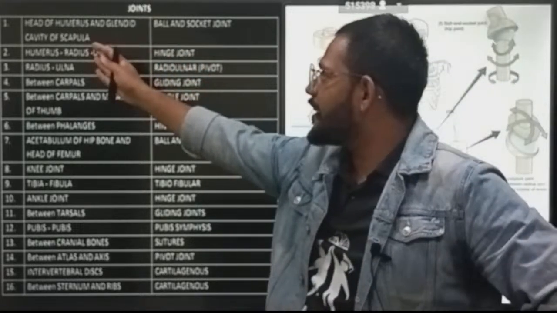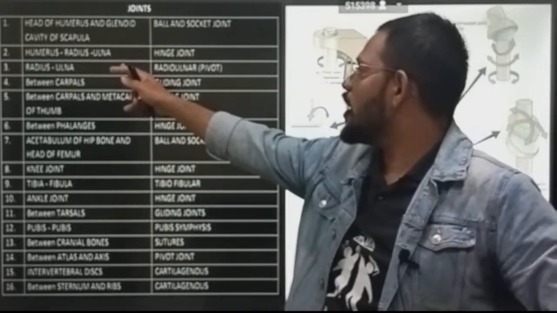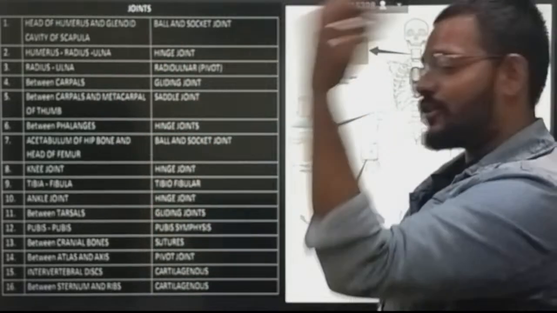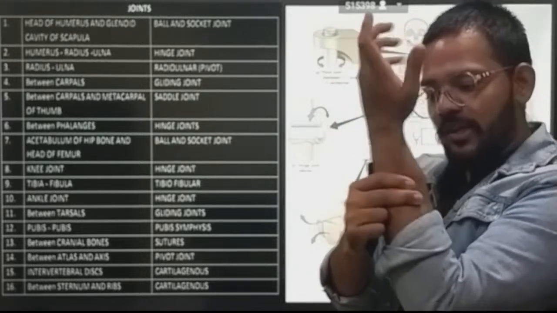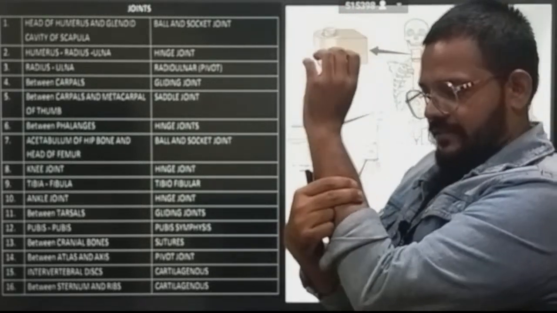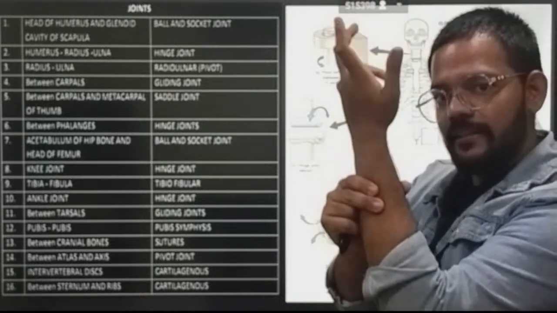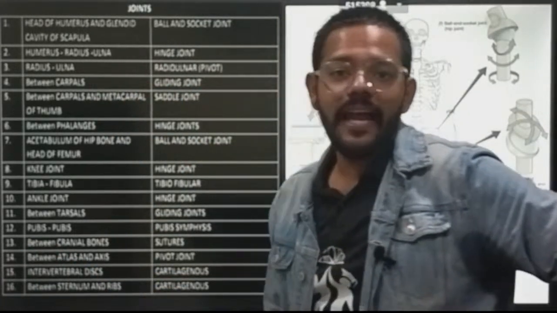Head of humerus and glenoid cavity of scapula forms a ball and socket joint. Then humerus and radius-ulna forms your hinge joint. Then radio-ulnar is a pivot type of joint. You can rotate your hand. This hand can rotate like this. Between carpals, gliding joint.